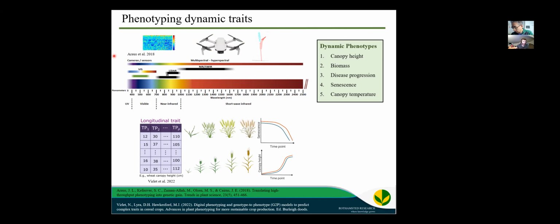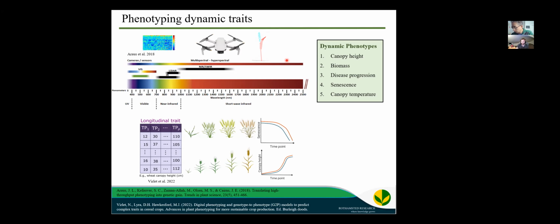As you can see, we have many different cameras, such as RGB, LiDAR, and near-infrared. You can pick different spectra across all of these wavelengths, and hyperspectral cameras that we can use to study the traits. However, you can use the very simple basic one, which is the RGB, to measure all your dynamic phenotypes, which is the canopy height, biomass, disease progression, senescence.